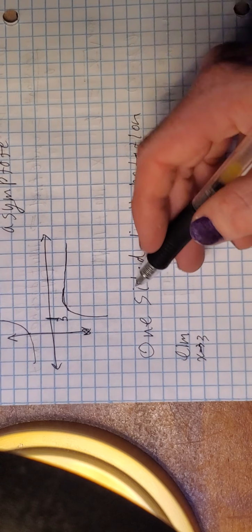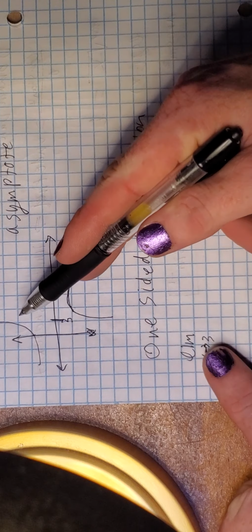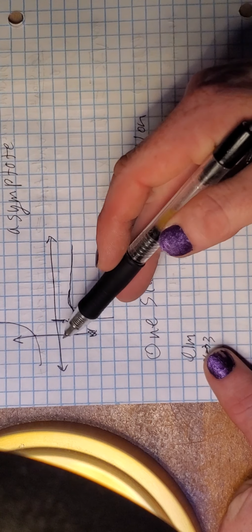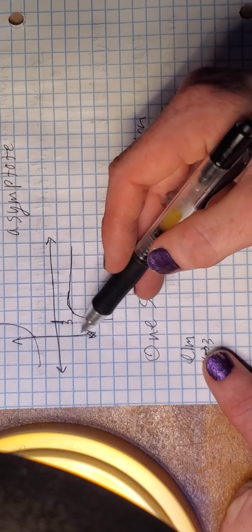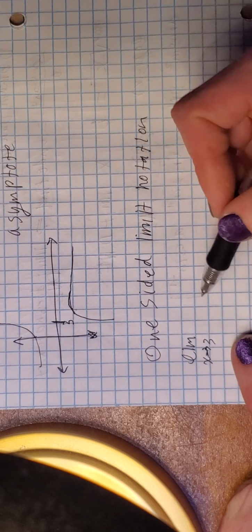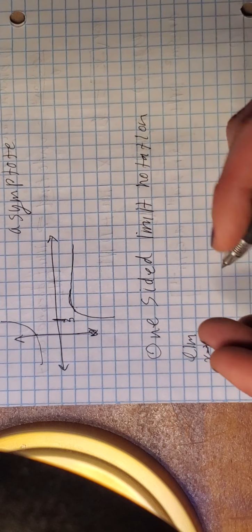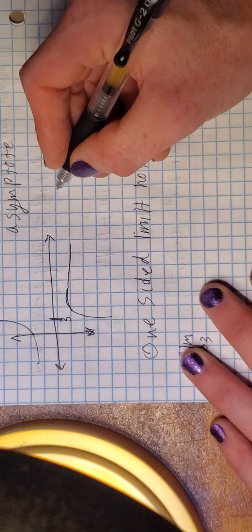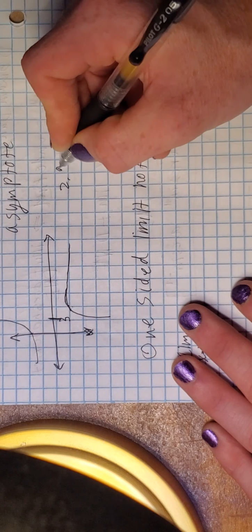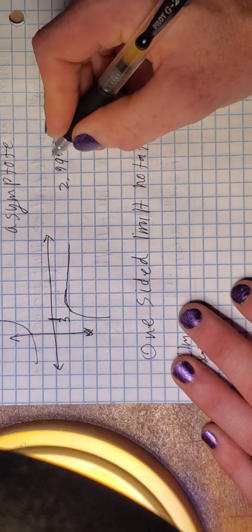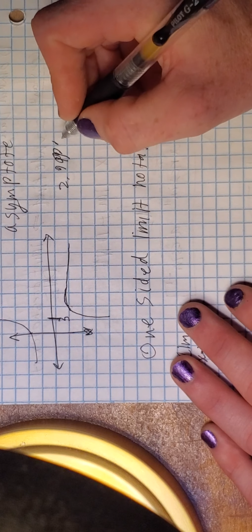And so the limit as x approaches 3, well, if we're looking at it from both sides, positive infinity here, negative infinity here, the closer and closer you get to 3, going infinitesimally closer, like 2.999999999, the number changes.